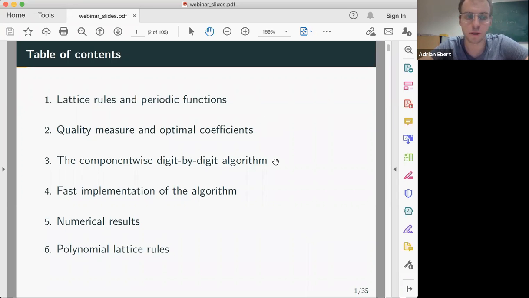I will show some theoretical results, but then also give some details about the fast implementation of the algorithm and present some numerical results. In the second half of the talk, I will try to move away from the special family of lattice rules and show that very similar arguments hold also for the QMC family of polynomial lattice rules.